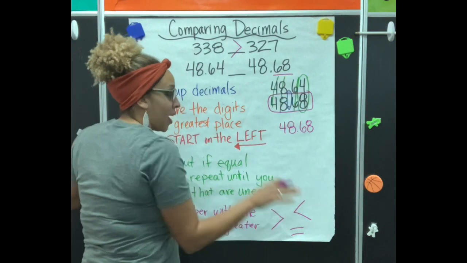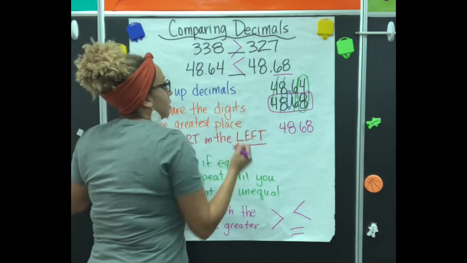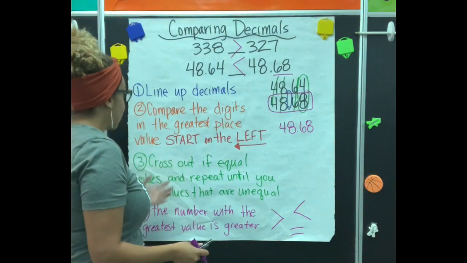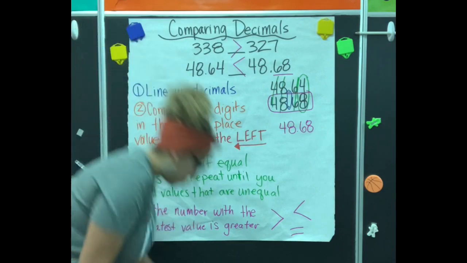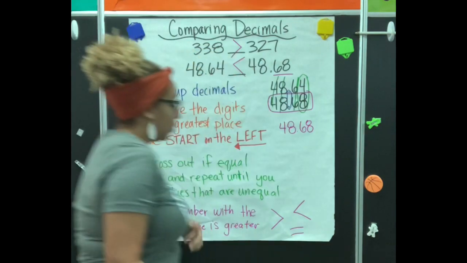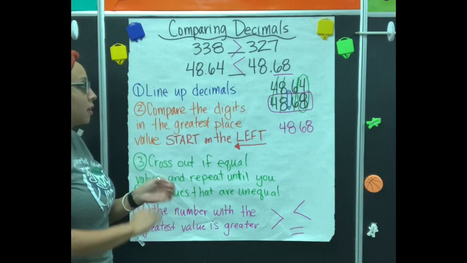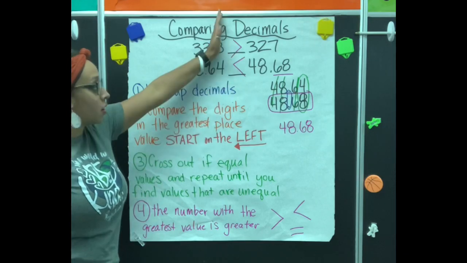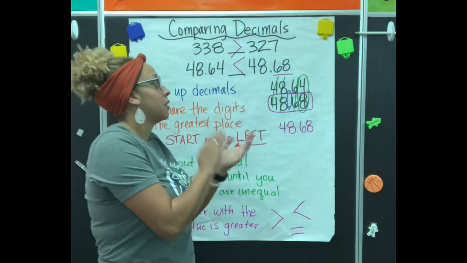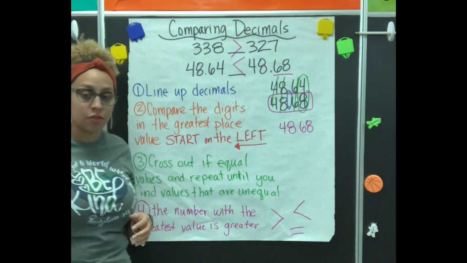So my symbol has to face that way. So when we read this math sentence, it says 48 and 64 hundredths is less than 48 and 68 hundredths. Go ahead and repeat that.